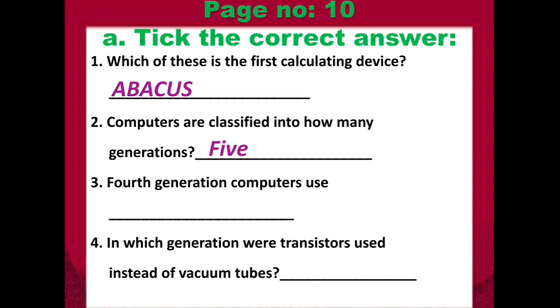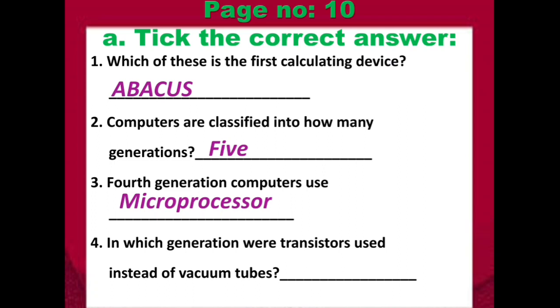The next one: fourth generation computers use what? Microprocessor. In which generation were transistors used instead of vacuum tubes?